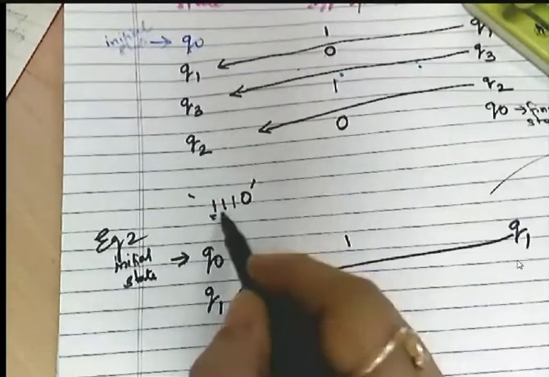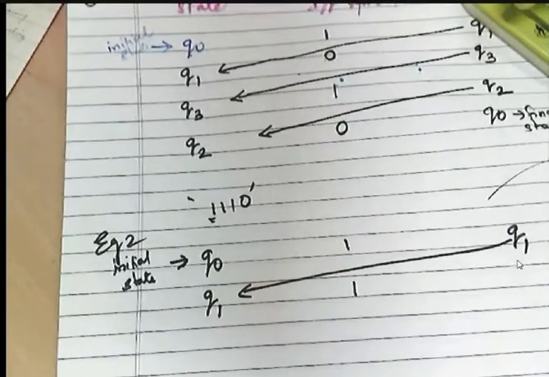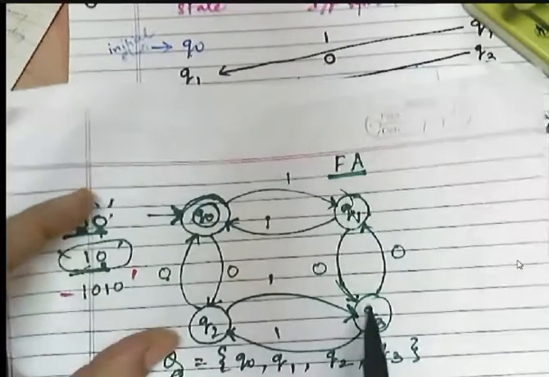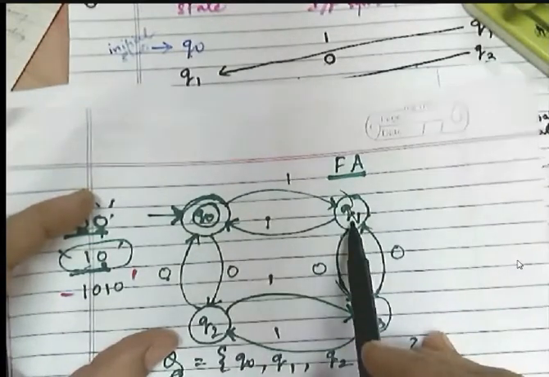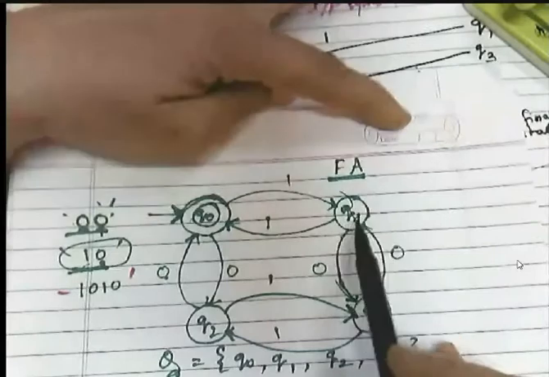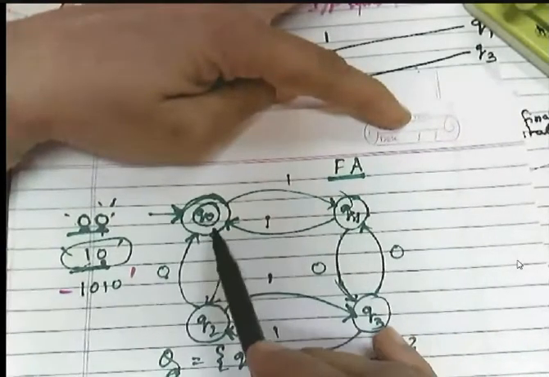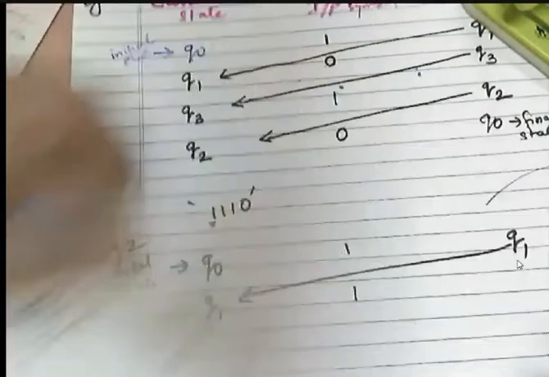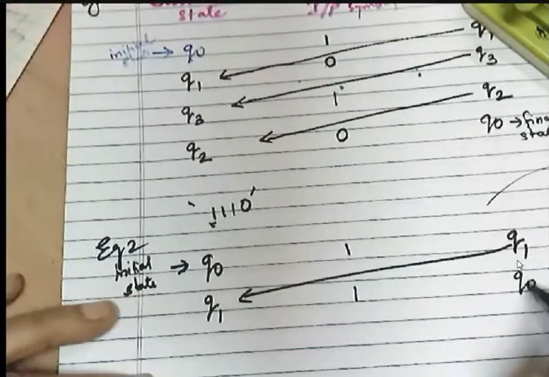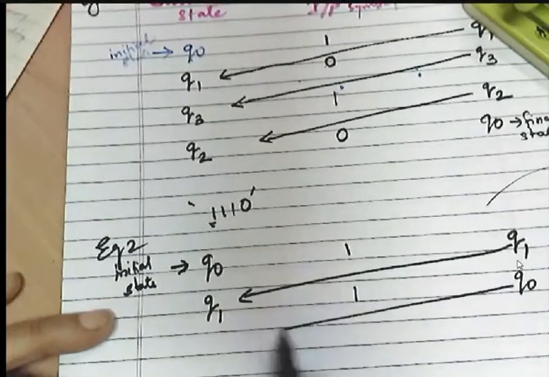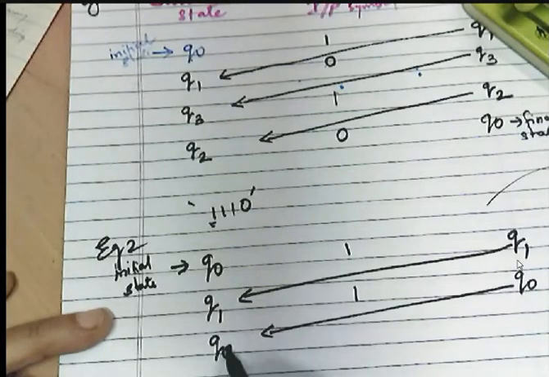My next input is 1 again. So now at Q1, if we give input as 1, it will move to Q0. So next state will be Q0. Again, this Q0 is acting as the current state. So here, this is the input symbol and this is the next state.